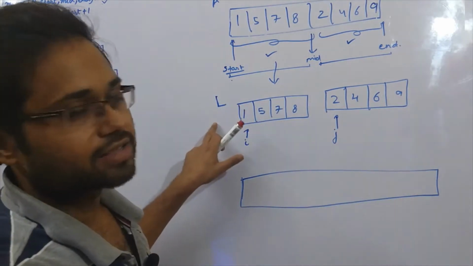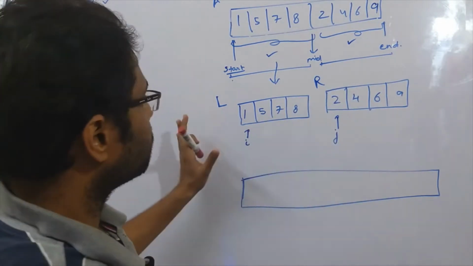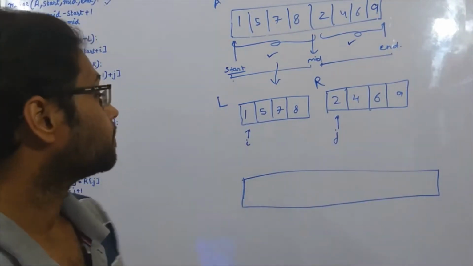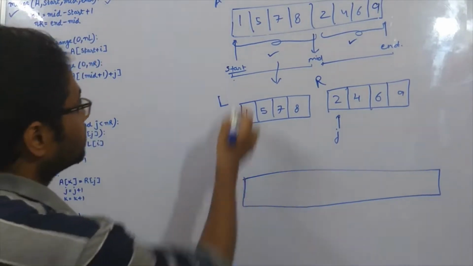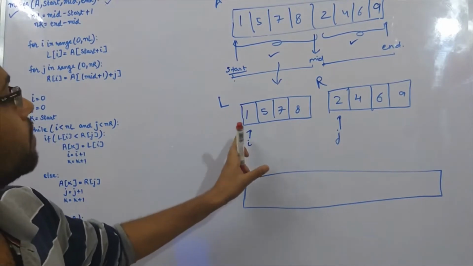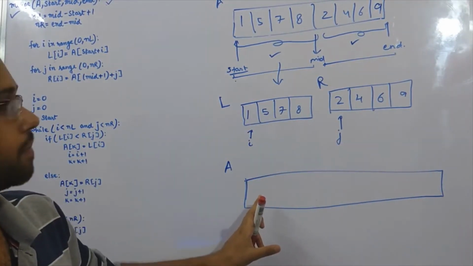Say this array is L and this array is R. This is the left part, this is the right part, that's why we have named the arrays L and R. Suppose this array is the same as A only. We will compare both elements one by one and put the smallest one first.